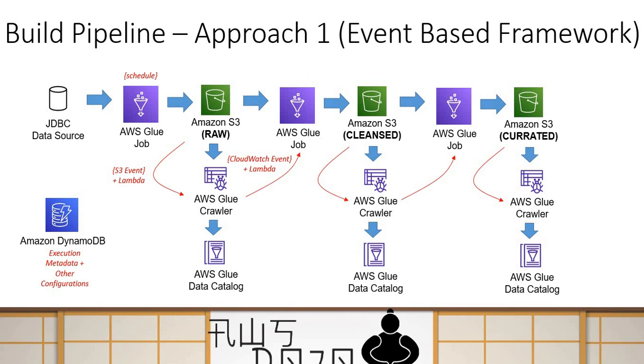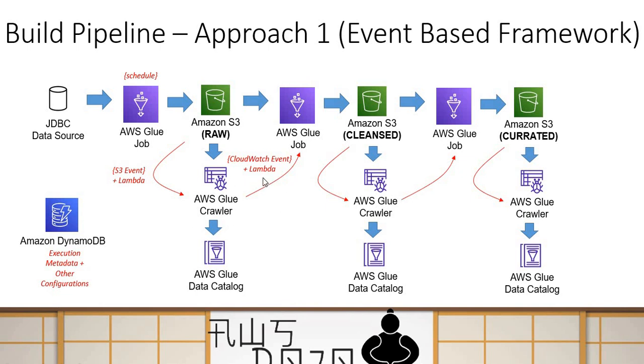For instance, when this event is raised, which Lambda function will call which glue crawler is not hard coded; that is put into this DynamoDB configuration, and this Lambda function will simply pick the information from the DynamoDB configuration to run the crawler.